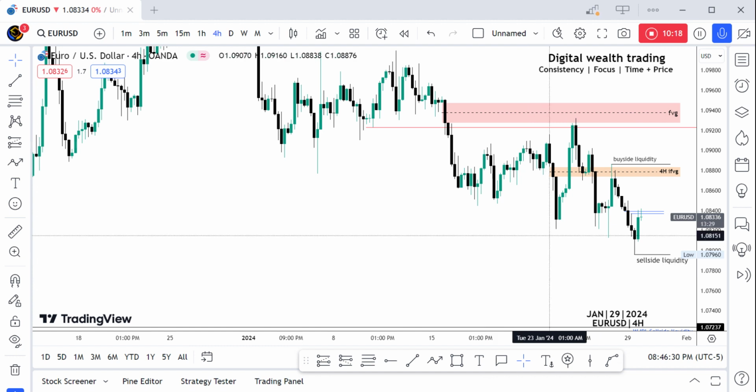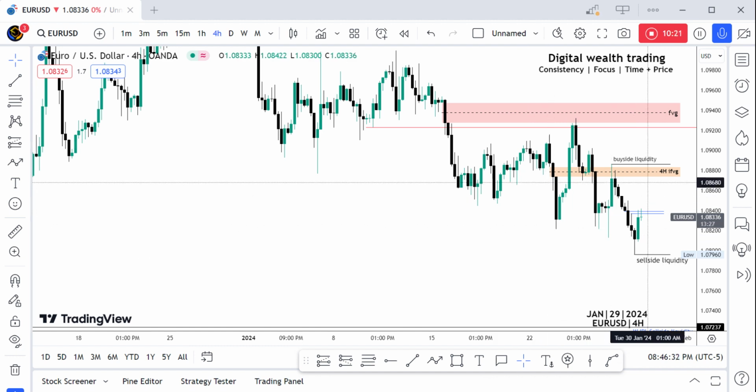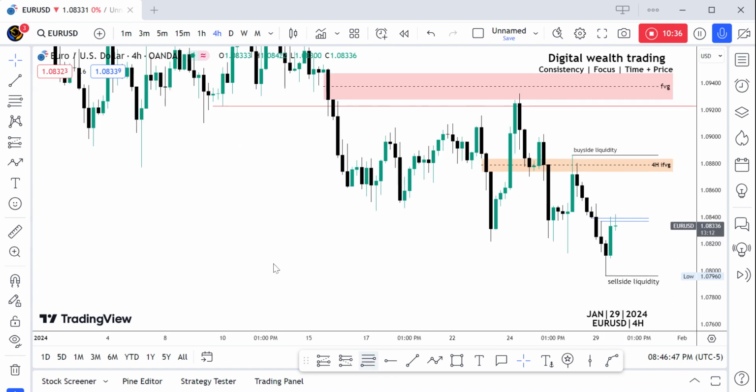One thing I call out here: this particular difference in price is a fair value gap. If I put a rectangular block on it, let me expand it for you guys to see. What I'm calling out is this area.